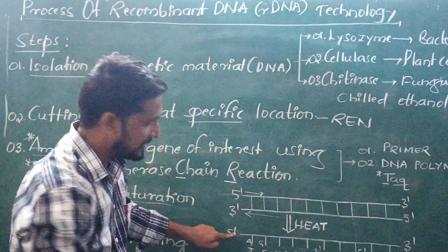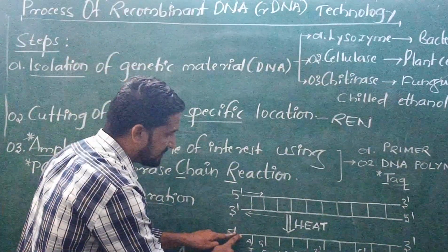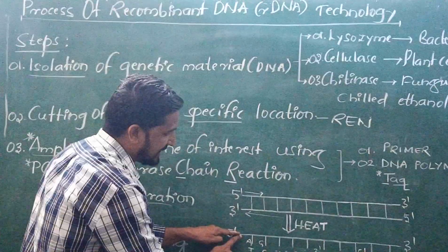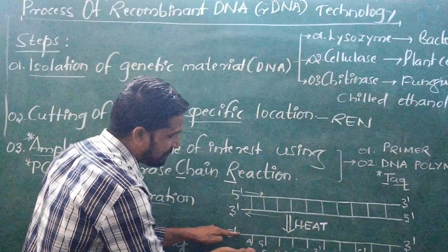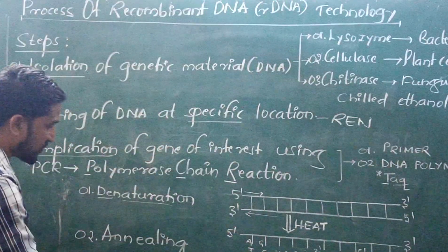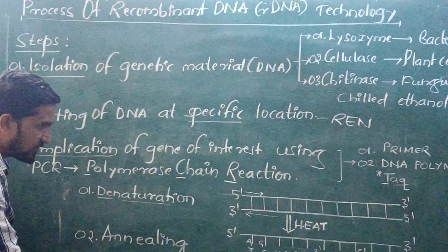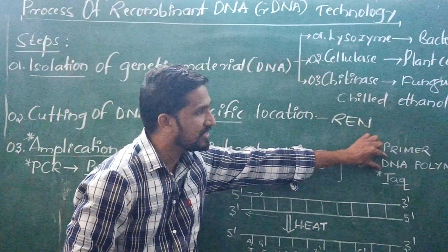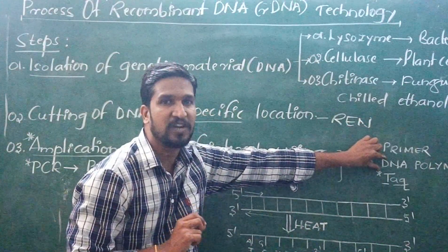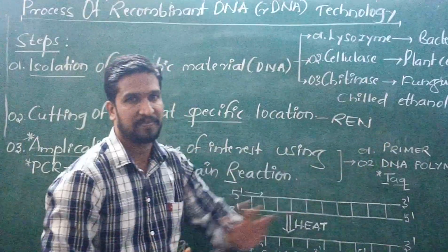One strand acts as a complementary strand and develops a new one by the process of extension. During this extension, two things are used: one is a primer and the other is a DNA polymerase enzyme.